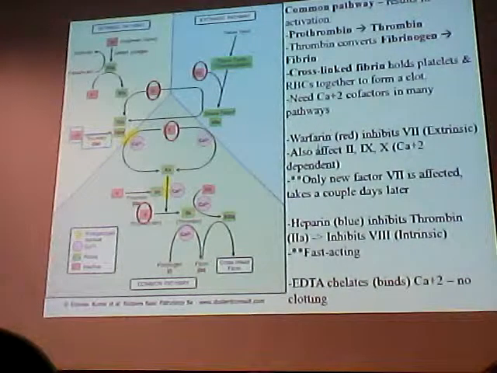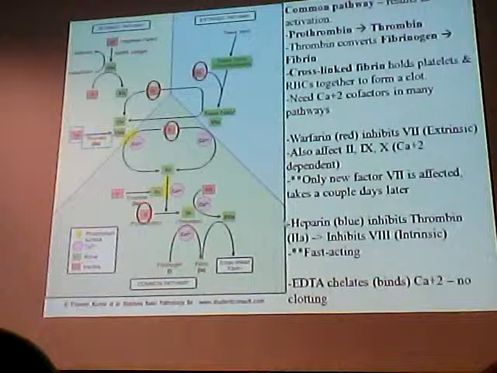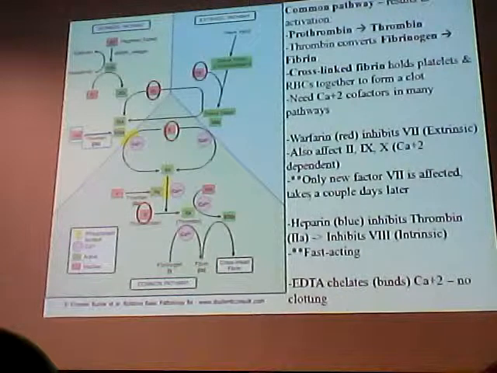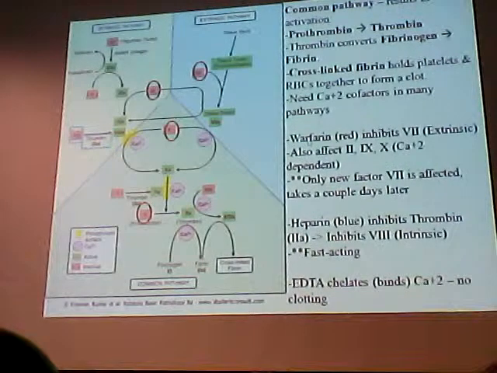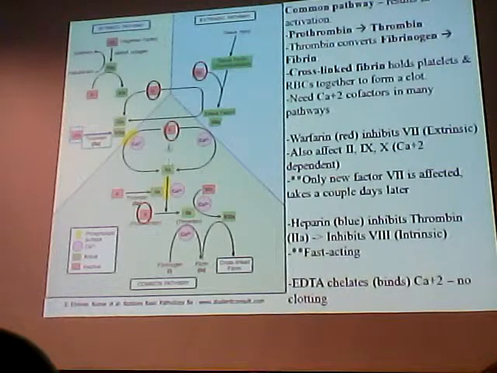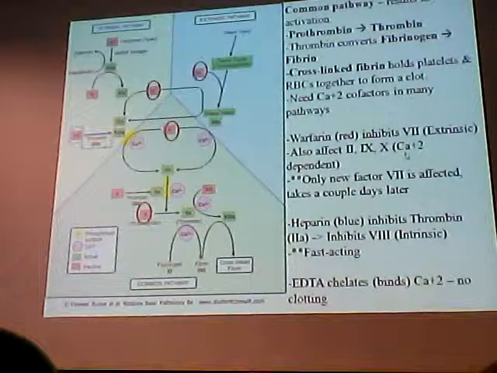There are two main drugs that can be used to help with clotting. You can have warfarin or you can have heparin. Warfarin acts on all of these factors circled here in red, so 2, 9, and 10.